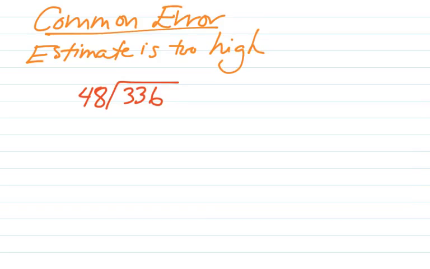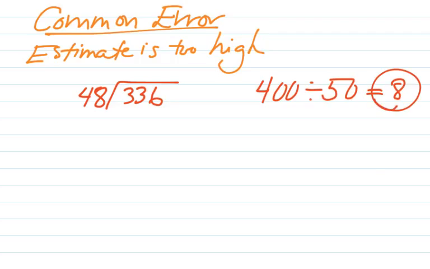So boys and girls, what I wanted to show is a common error when the estimate is too high. When we look at our problem here, we have 336 divided by 48. In this problem, a student estimated it to be 400 divided by 50, which would give them the answer of 8. So we use that estimate to place the first digit in our quotient.